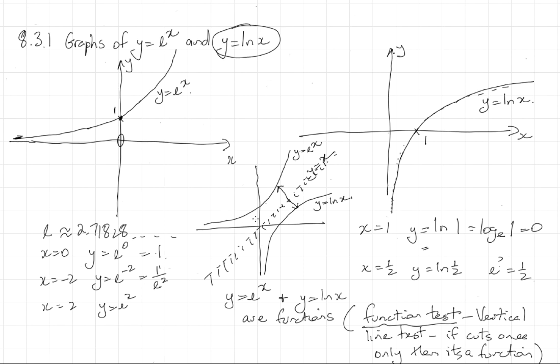So these are exact images of each other in the graph of y equals x. Now that's a property of all inverse functions. Doesn't matter, we've just got exponential and logarithmic, but any functions that you can get an inverse for, they are going to be mirror images in the line of y equals x. It has to be in y equals x.